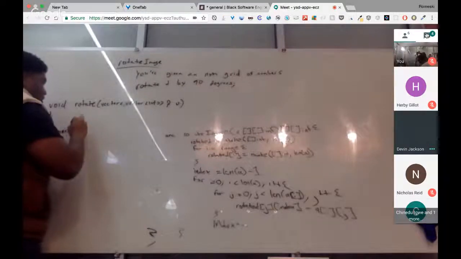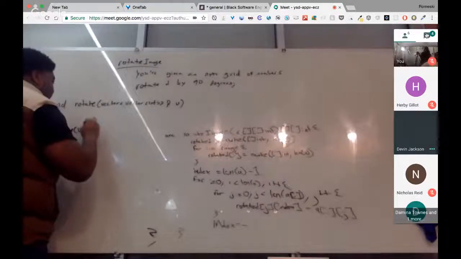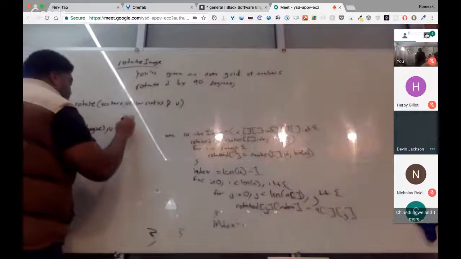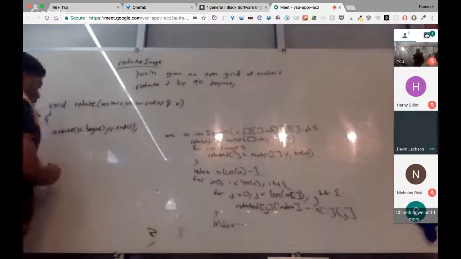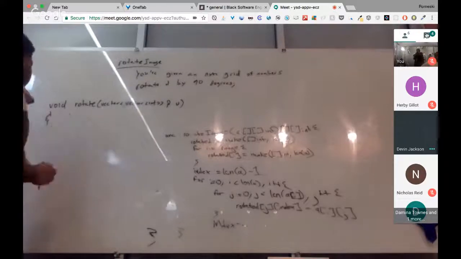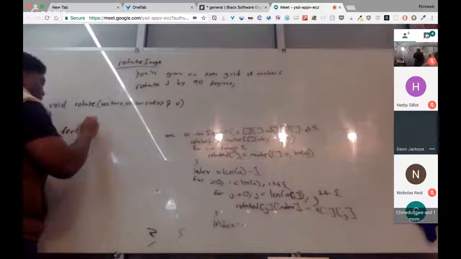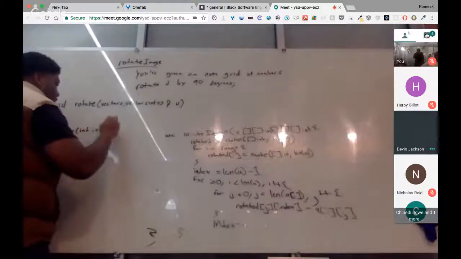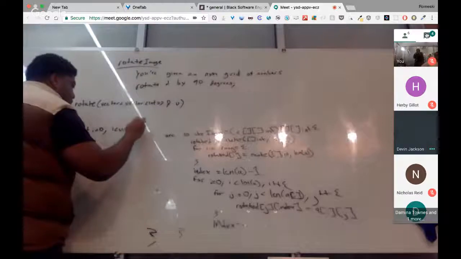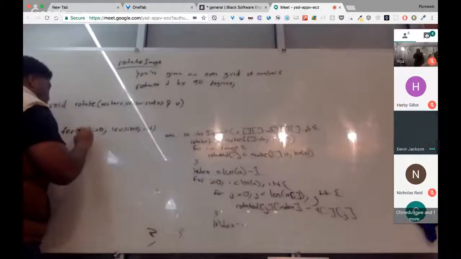Then we say for int I equals 0, I less than b dot size, I plus plus.